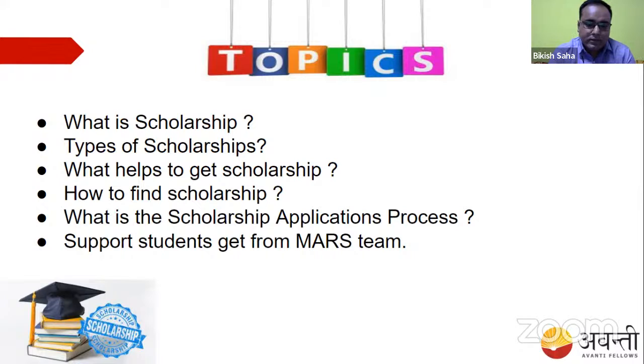Mars team is a part of Avanti Fellows, wherein we give mentorship, alumni relationship, and scholarship support to students from JNV. In Avanti Fellows, we, the Mars team, work as a core team to support the students throughout their entire academics, from school till their professional courses like MBBS, engineering, and whatever course they go for.